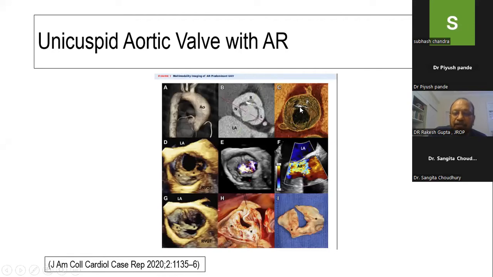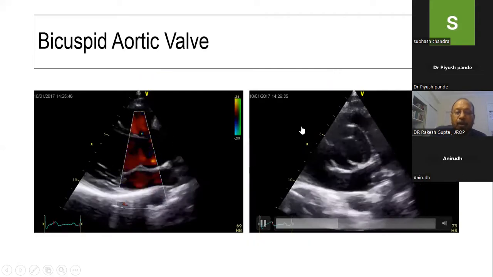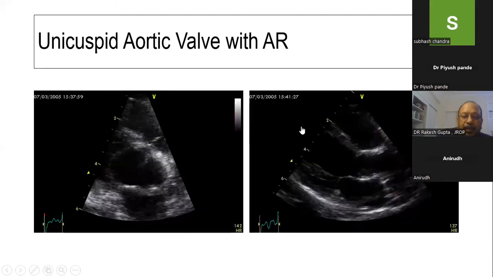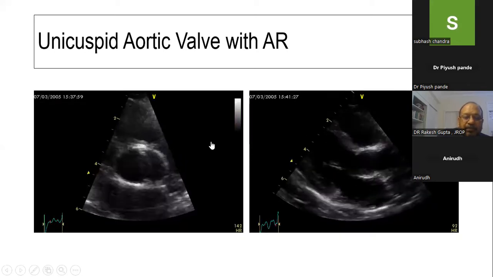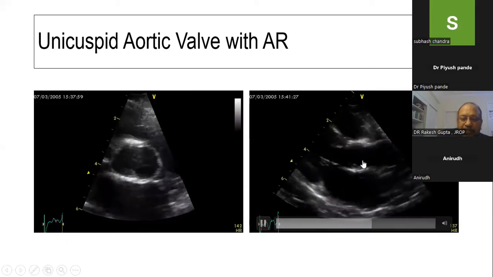This is a picture of CT scan of unicuspid. Unicuspid should always be associated with some amount of aortic regurgitation. Always, always. Now go back and look at this unicuspid aortic valve. This is how the valve opens. Now you hardly see a leaflet out here.